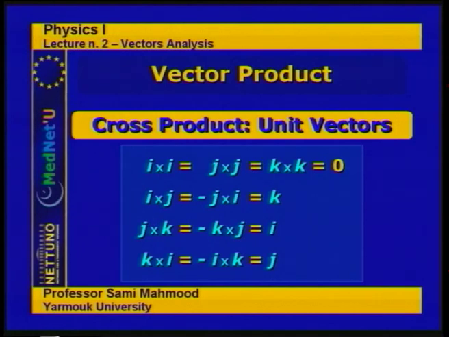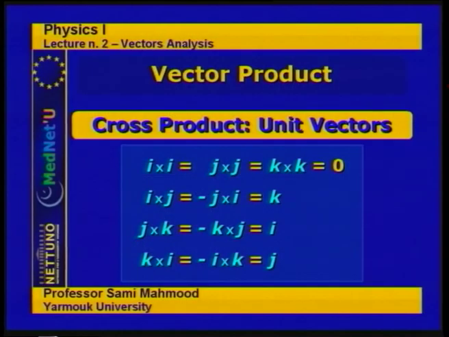As we mentioned, J cross I, where we switch the order of the two vectors as we multiply them, is equal to the negative of I cross J. Thus, we conclude that J cross I would equal minus K, or minus J cross I equals K. These are two equivalent statements.